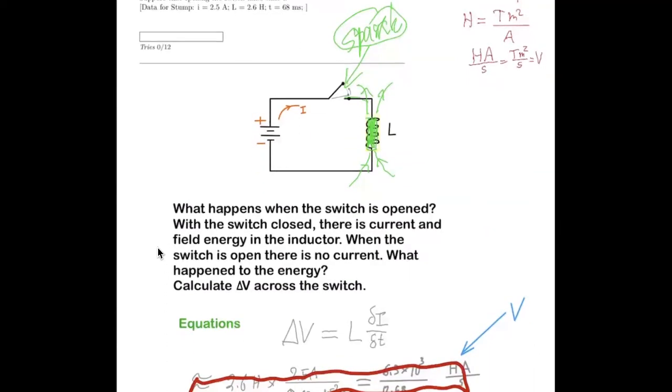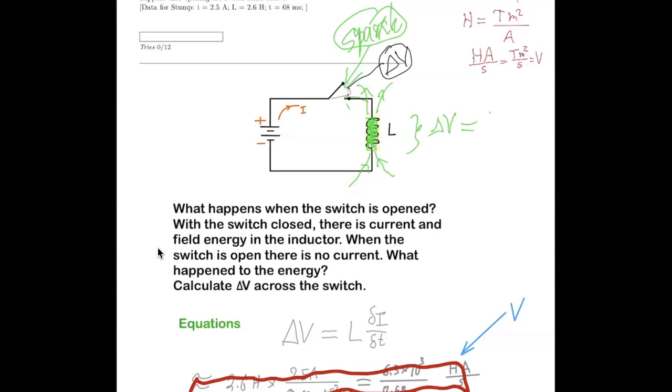The potential difference between the two terminals on the switch, let's call that delta V, the potential difference between the two sides of the switch, will be equal to the potential difference across this inductor, an equation you've written down in your notebook from reading the chapter.